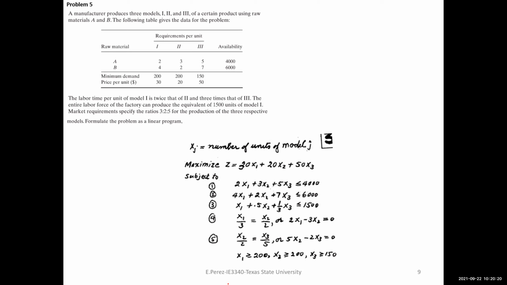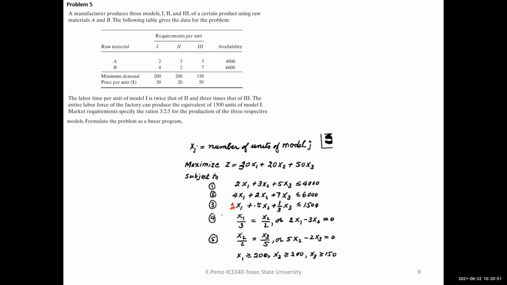Then we look at the labor time per unit. So the ratios are, Model 1 is twice that of 2. So we use 1 as our measurement for the ratio. So this is going to be 1. And it's saying that it's twice that of 2, so it means that for 2, we need half of the time that we need for 1.